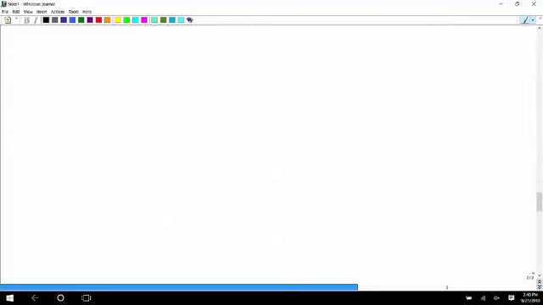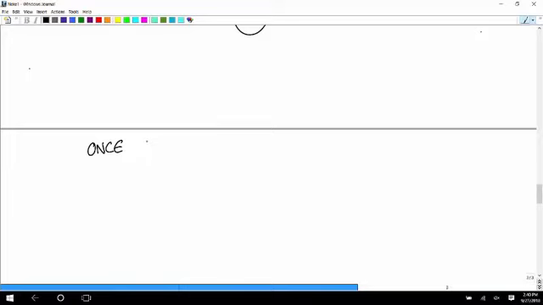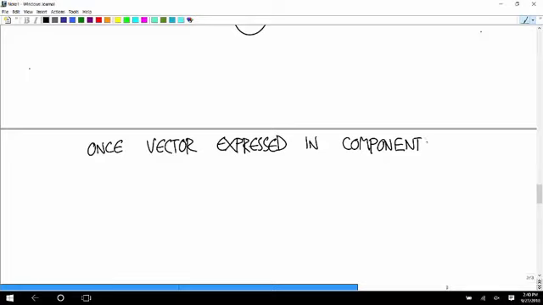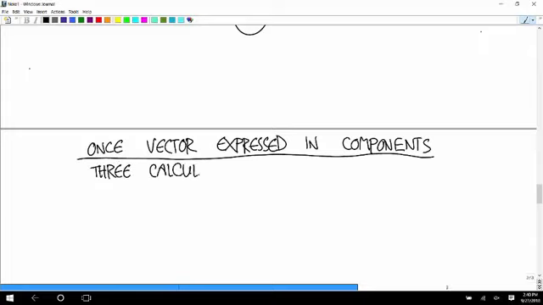So once you have your vector expressed in component form, there are three types of calculations that are going to be useful to us. The first one is adding two vectors.